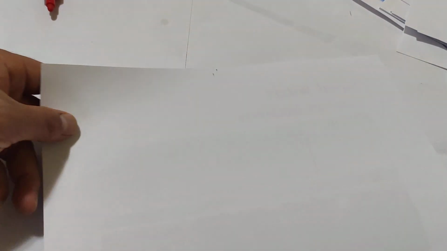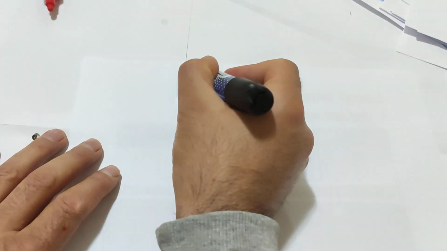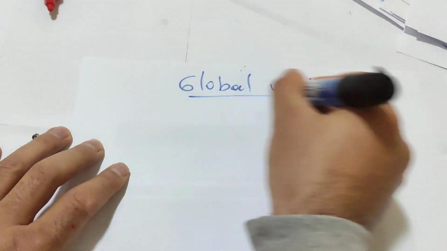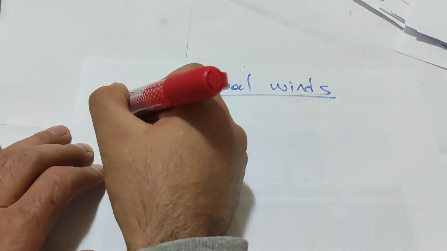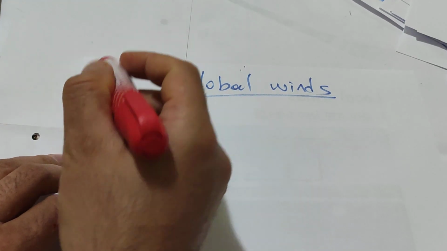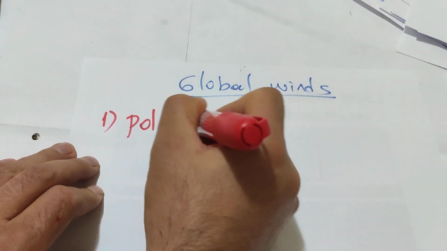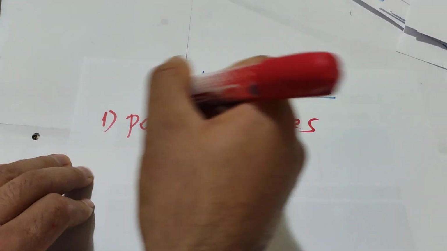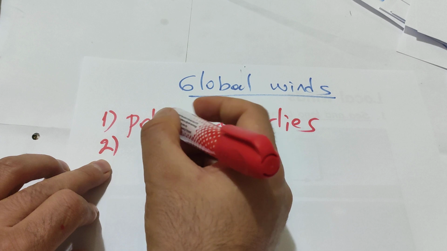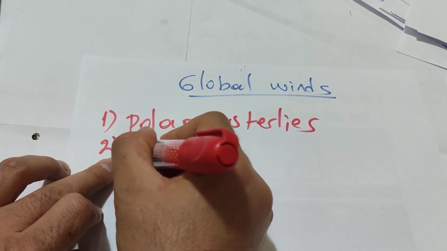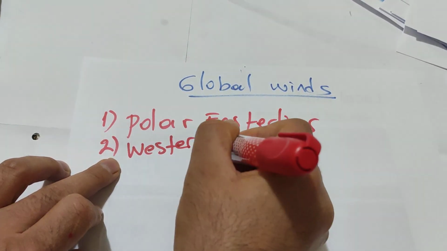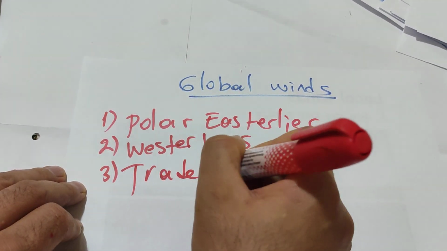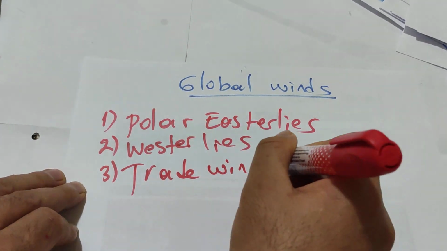Let us make a short revision about global winds. What are the names of global winds? Remember that. The first one is polar easterlies. Second kind of global winds, westerlies. Third kind, trade winds.